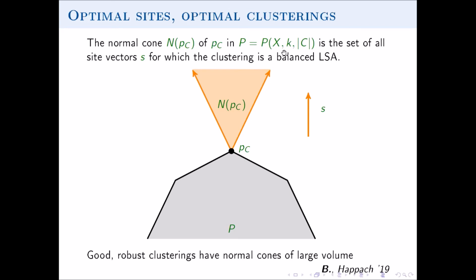Okay, and that's a very good question. Now the normal cones, if you look at the same vertex and it happens to be a vertex of the partition polytope with different lower and upper bounds, are going to be smaller. But if that one is still large, then you still have a criterion. But that's a very good question.